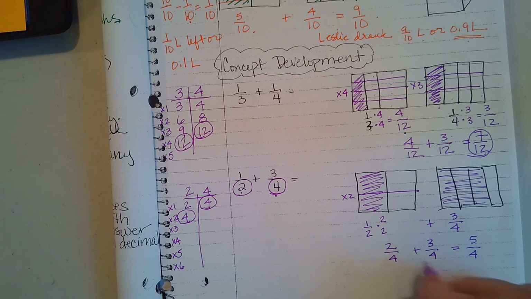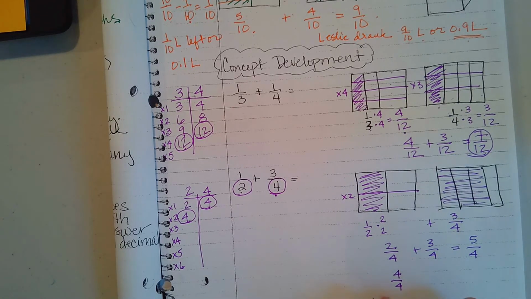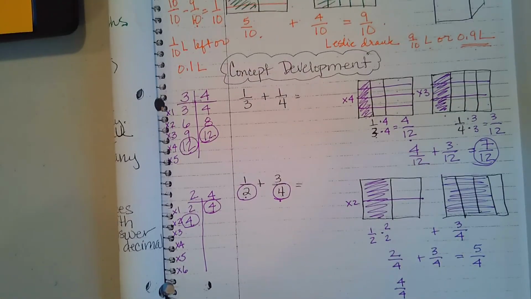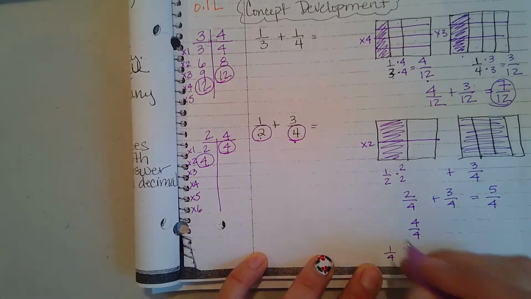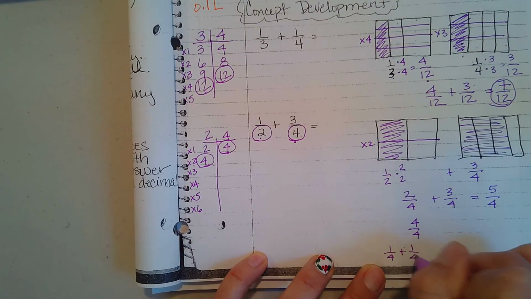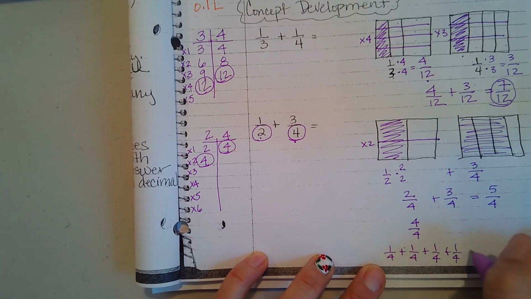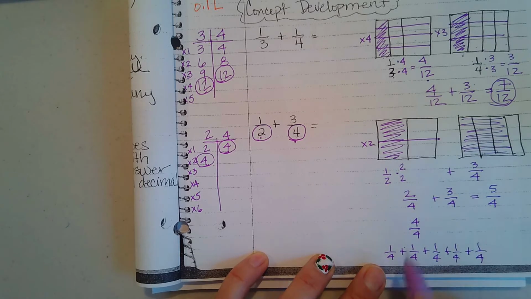If I know that 4/4 is hiding inside of 5/4, because 1/4 plus 1/4 plus 1/4 plus 1/4 plus 1/4, I have 1, 2, 3, 4, 5, right?